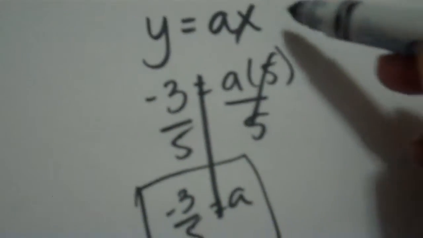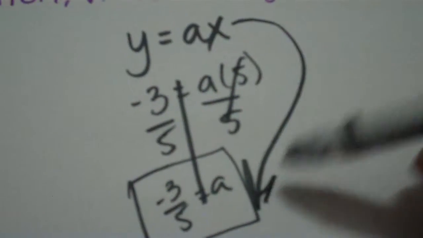So negative 3 over 5 equals a. And a lot of you will stop here. Do not stop there. You have to write the equation. So basically, I rewrite this. Y equals, but instead of a, I put negative 3/5 x. That's my answer.